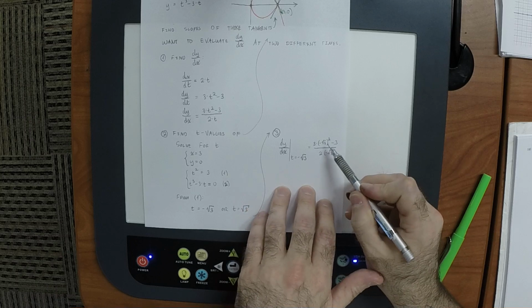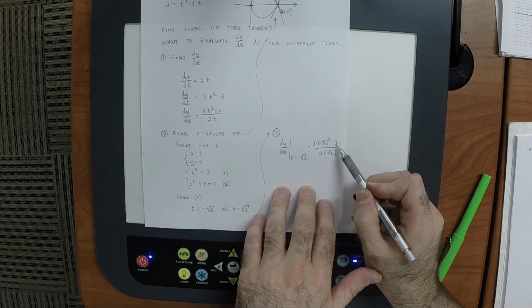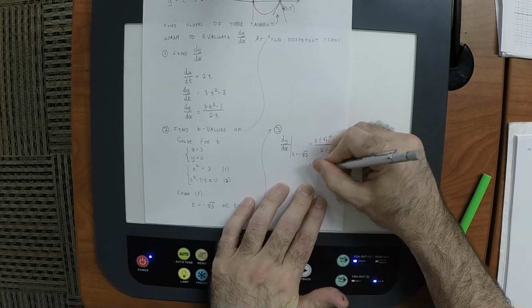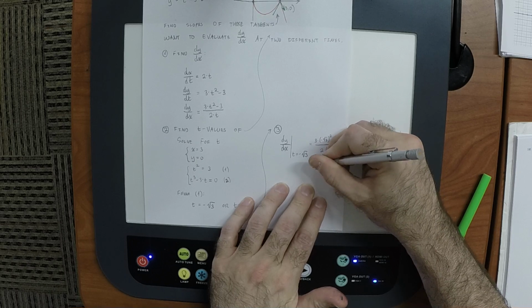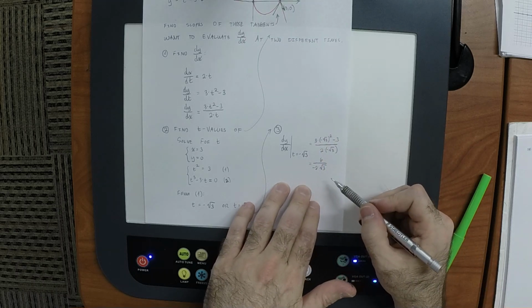Well, that'd be 3 times 3 is 9 minus 3 is 6. So that'd be 6 over 2 times negative square root of 3. So then you get what? Negative 3 over square root of 3?